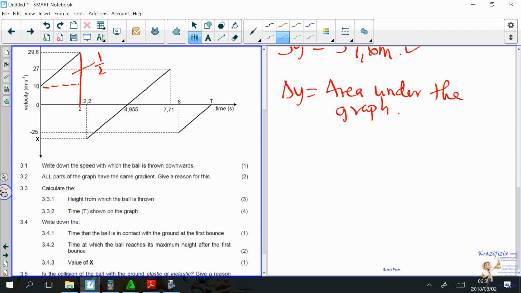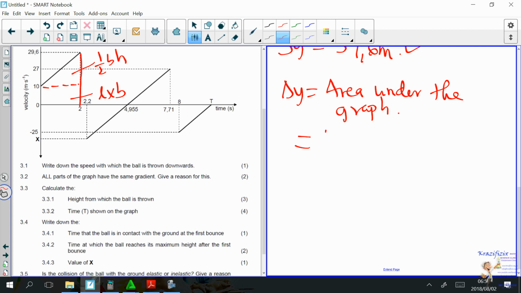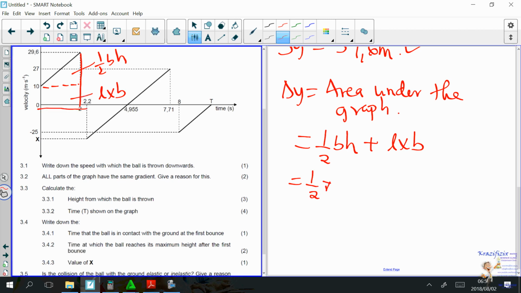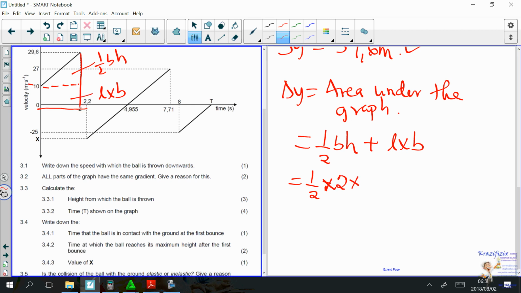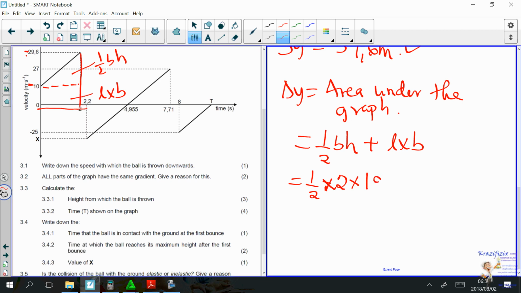This is half base times height, and this is length times breadth. So area is half base times height plus length times breadth. What is the base? 2. Now, what is the height? I'm looking at this triangle now. The height is going to be 19,6, which is 29,6 minus 10. So I have 19,6 there.